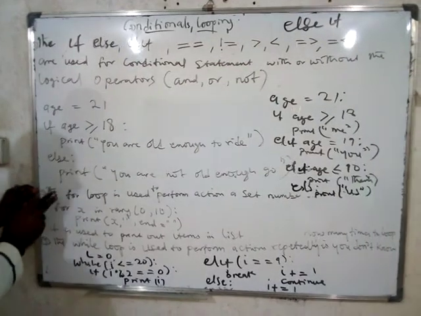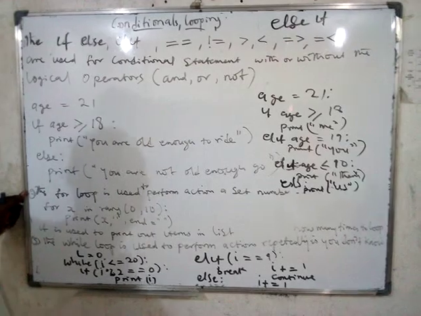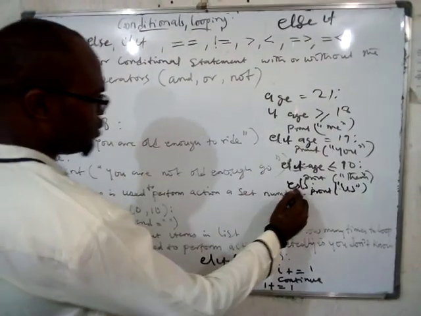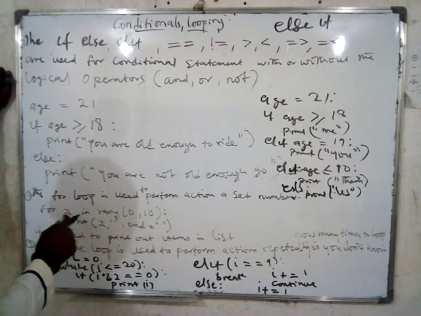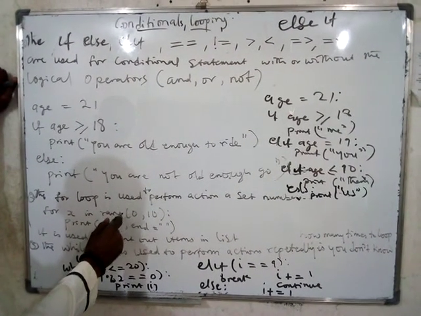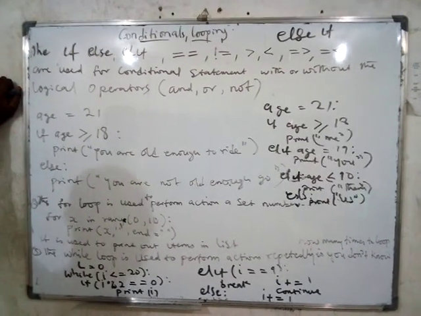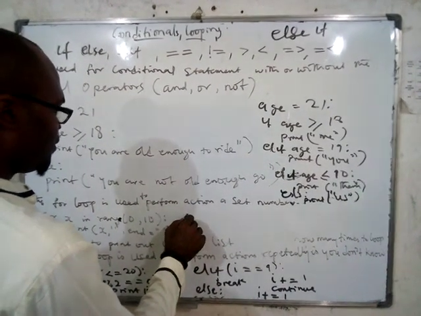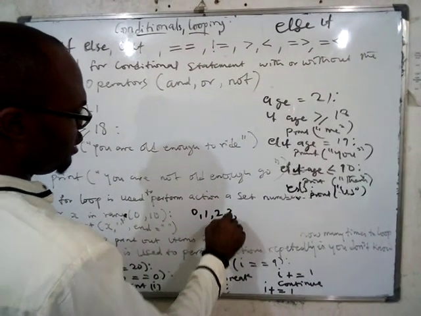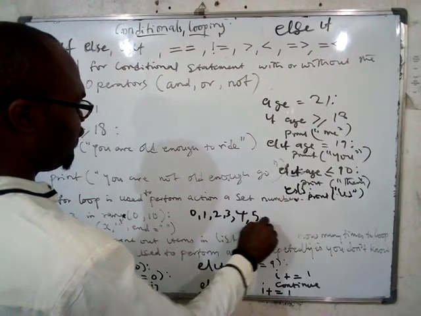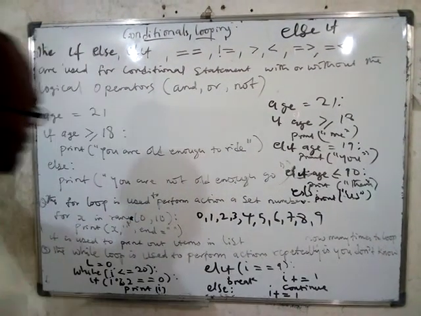Now when you use a for loop, you use it to perform actions a set number of times. So if you want to perform an action more than one time, you use a for loop. An example is when you say for x in the range of 0 to 10. This simply means you should have 0, 1, 2, 3, 4, 5, 6, 7, 8, 9.